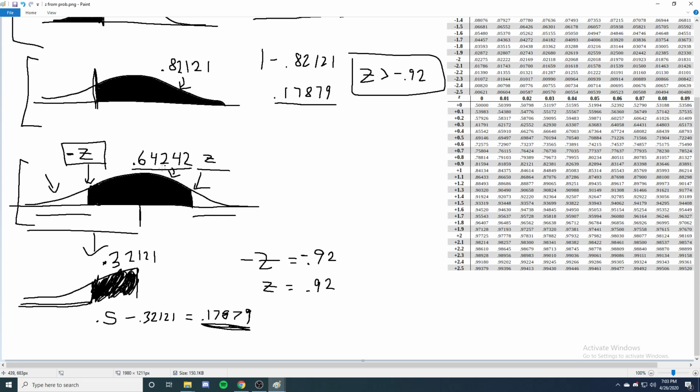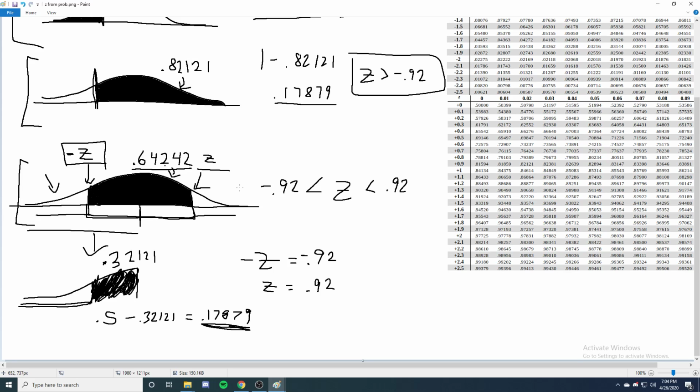So this isn't our final answer. Remember, our original question was asking what z-values lie between here. So our z is going to be greater than negative 0.92, but less than positive 0.92.